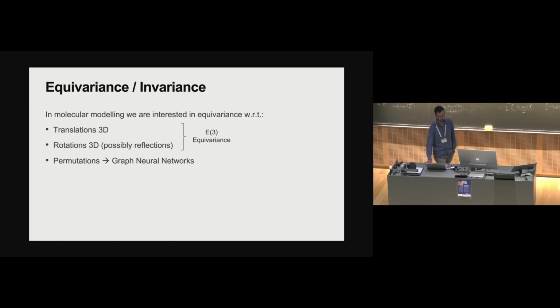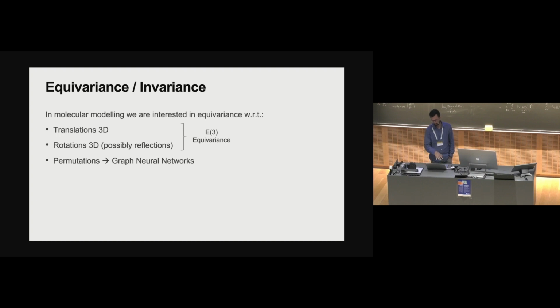So it basically means that when we, for example, represent a molecule as a tensor with a set of points that represent the coordinates and some atom features, if we permute those representations in our tensor, we will still have the same molecule. That's why we want to be permutation invariant or equivariant.